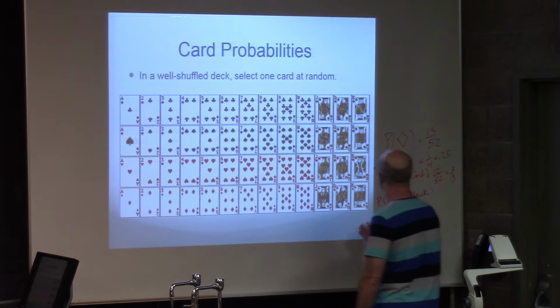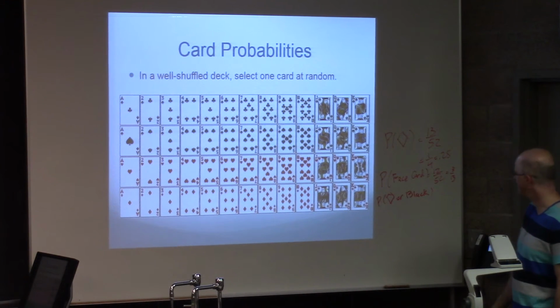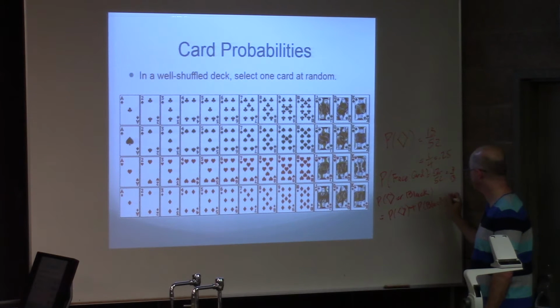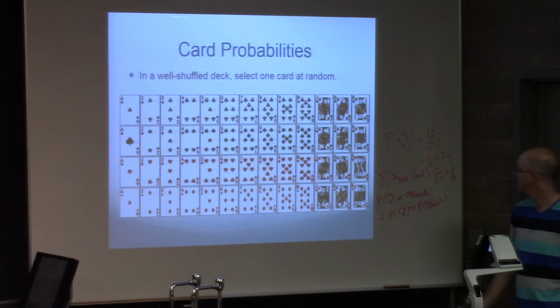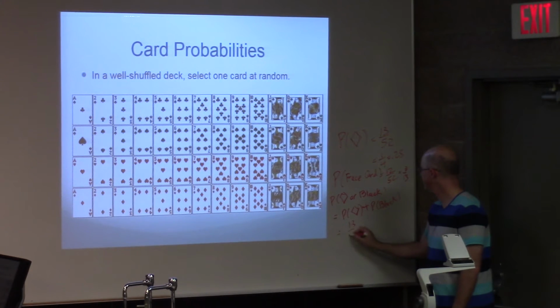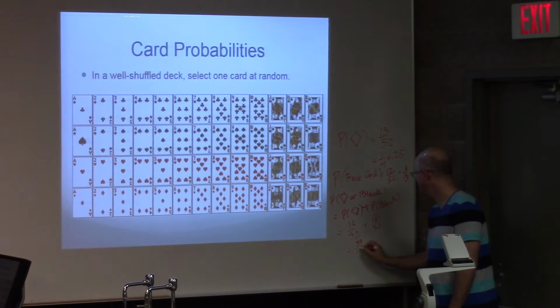I can either just count those things that are diamonds or blacks, or I could think of it as the probability of diamonds plus the probability of getting a black. Either way you think about it is okay. If you think about it this way, then you would just add the fractions. 13 out of 52 are diamonds, 26 out of 52 are blacks, giving you 39 out of 52 cards that are diamond or black, which does reduce to 3/4.